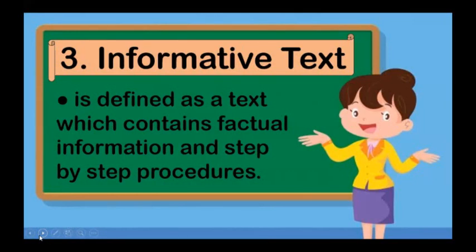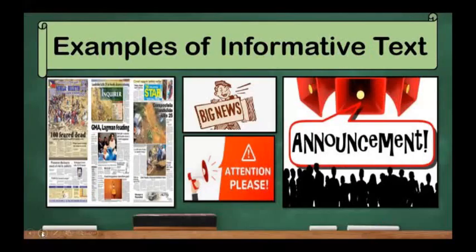This is defined as a text which contains factual information, knowledge, and truth. Examples are newspapers, local and global announcements, as well as school bulletin boards. They mainly answer the WH questions like who, what, where, when.